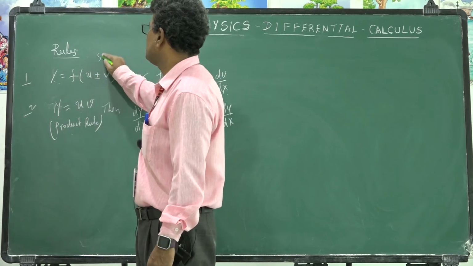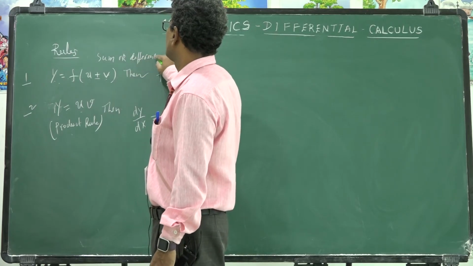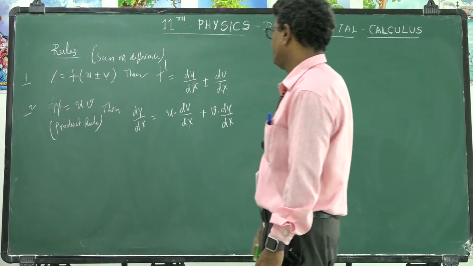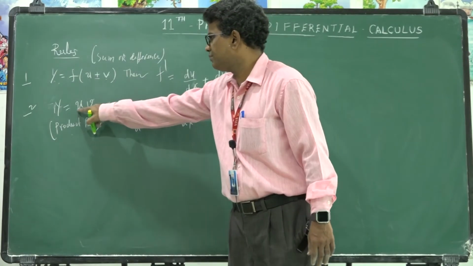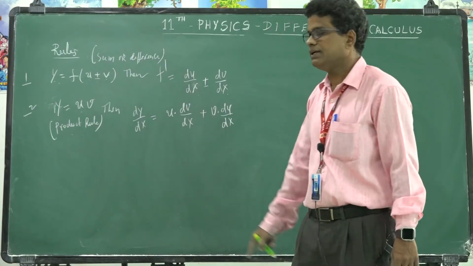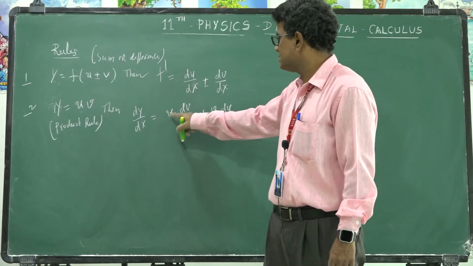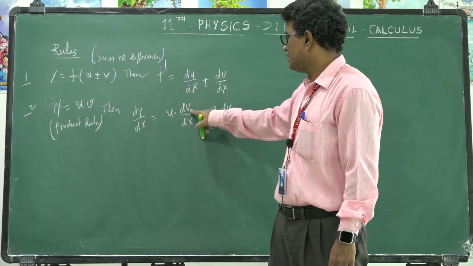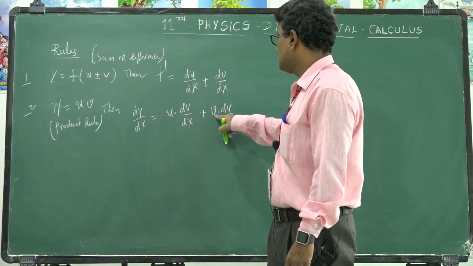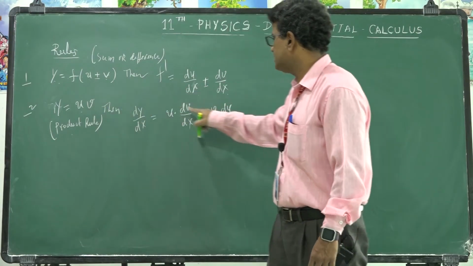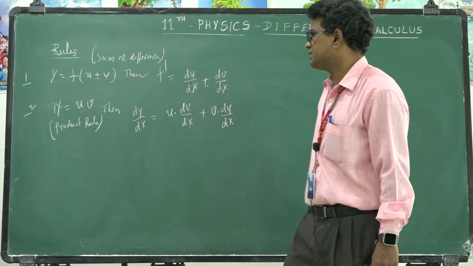This is the sum or difference rule, and this is the product rule. Suppose there are 2 variables u and v like this. You write the first variable as it is and differentiate the second one, v, with respect to x, plus keep the second function as it is and differentiate the first function u with respect to x.